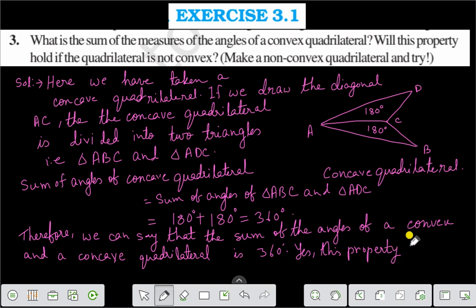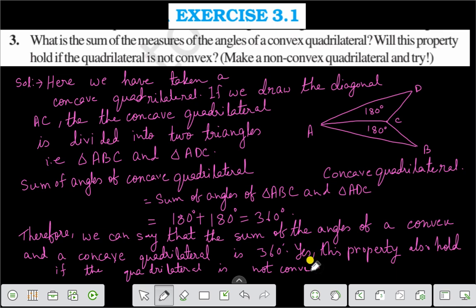This property also holds if the quadrilateral is not convex.